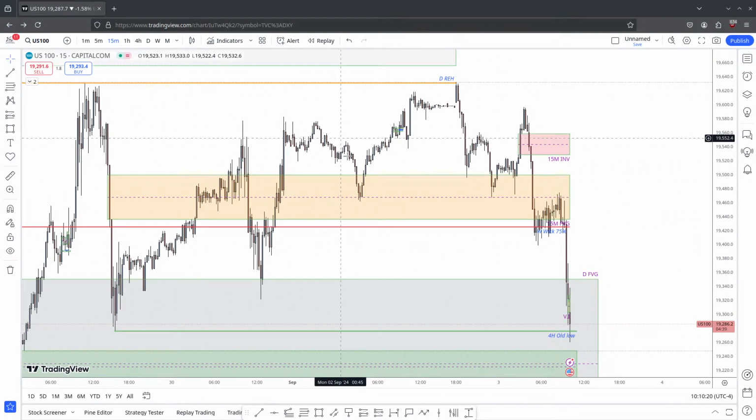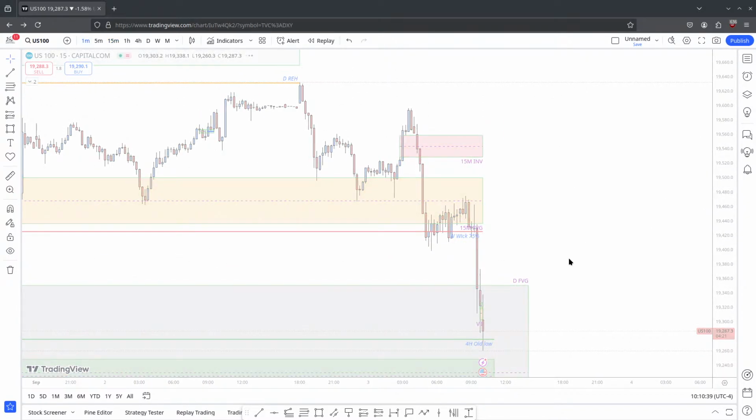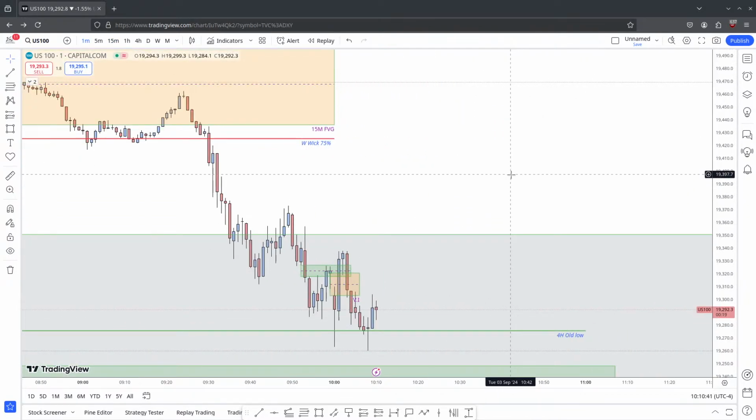So everybody that was holding that long, they got taken out. All the big players got taken out here. All these lows had lots of liquidity down here, all taken out. So the only people that are profitable are those that are in shorts now. So that's what I'm waiting for. That's what we are waiting for.